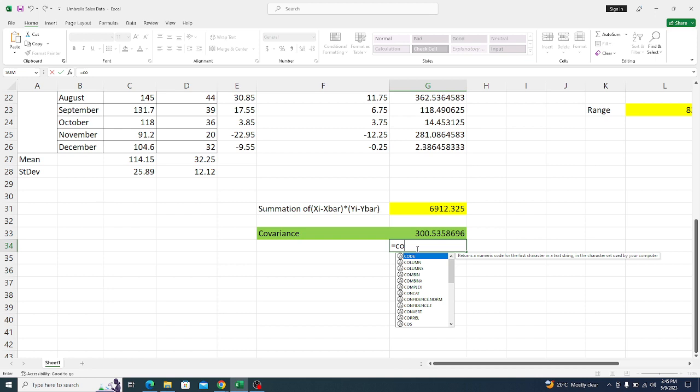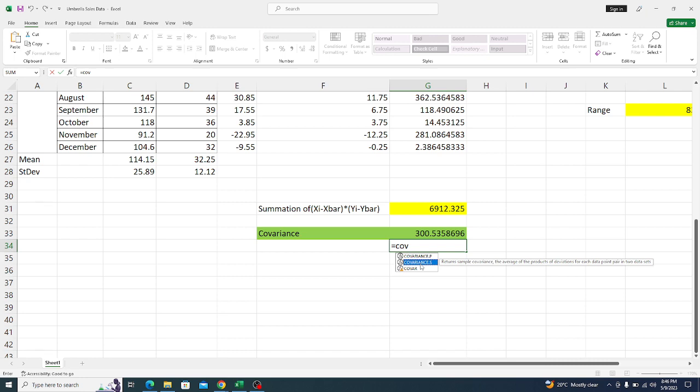For that, the function is called covariance. You can see we need covariance for a sample data. You can see it returns sample covariance, the average of products of deviations of each data point pair in the two variables.